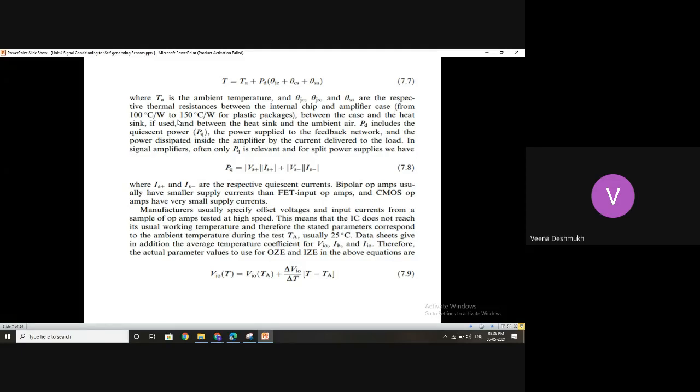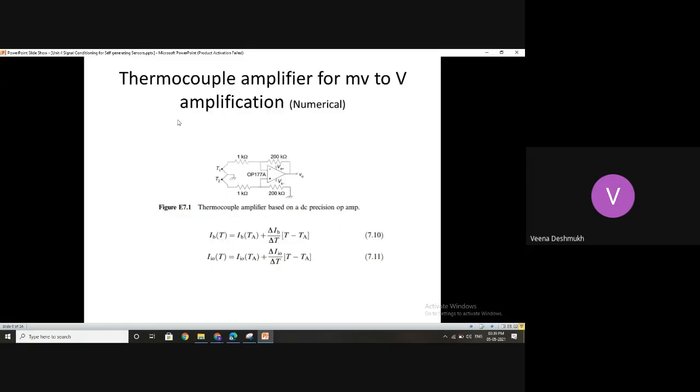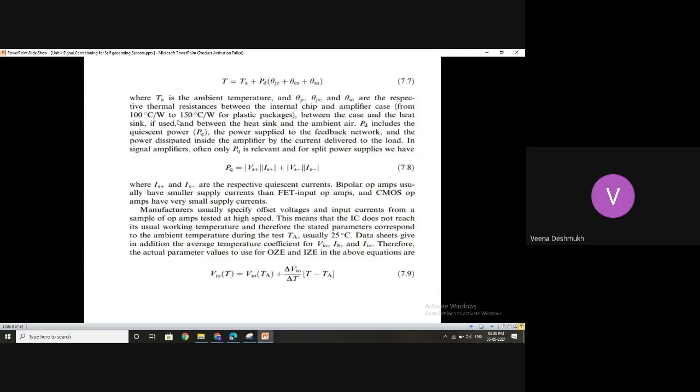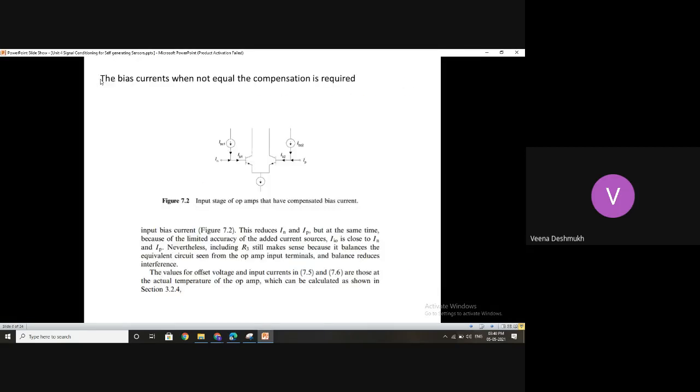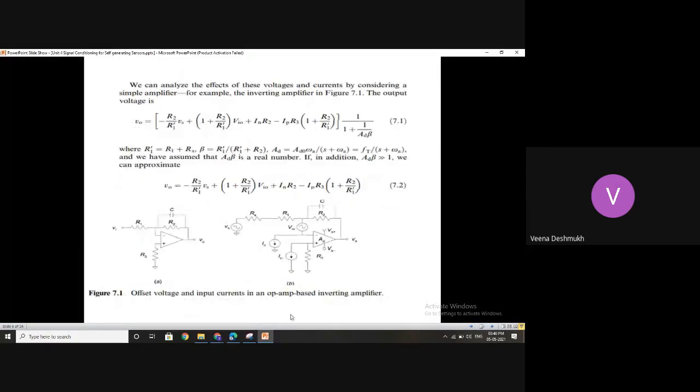So this temperature compensation here. These resistors R1, R2, R3 we are using. Properly, if this R1, R3 are adjusted, then automatically the effect of this RS can be nullified.